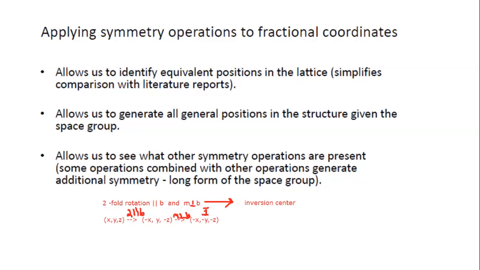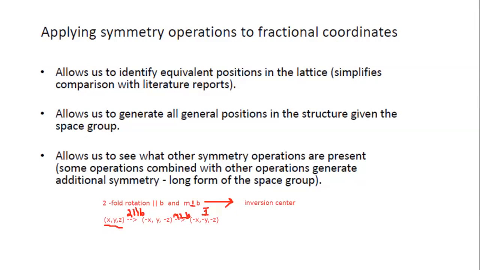So again, we start with some general coordinates x, y, and z, twofold parallel to B. What that means is that the y coordinate doesn't change, only the x and z become negative. Then a mirror plane perpendicular to B means that the mirror plane is perpendicular to the B axis, so that's the one that becomes negative. So it's like the AC plane you reflect through, and that makes the y negative.